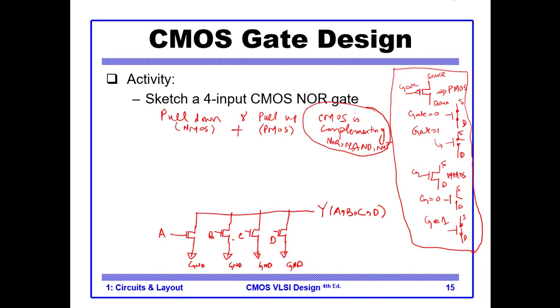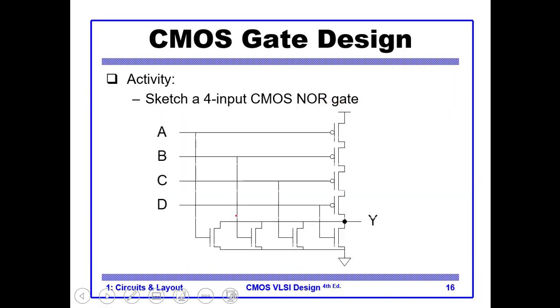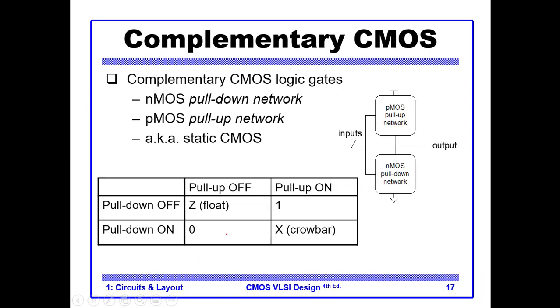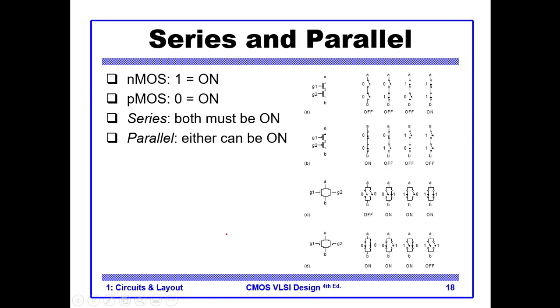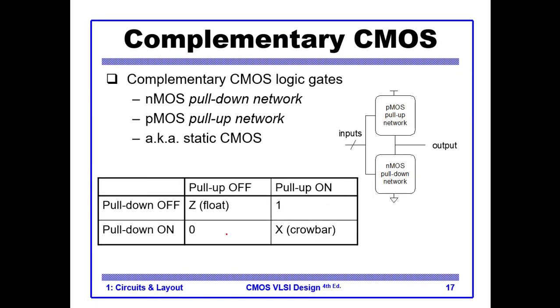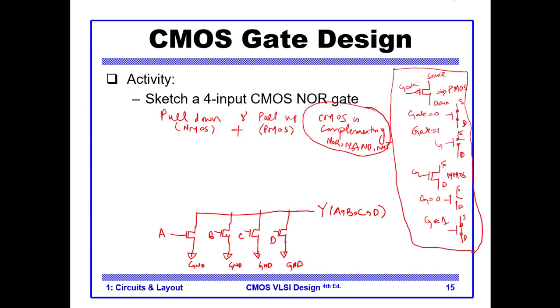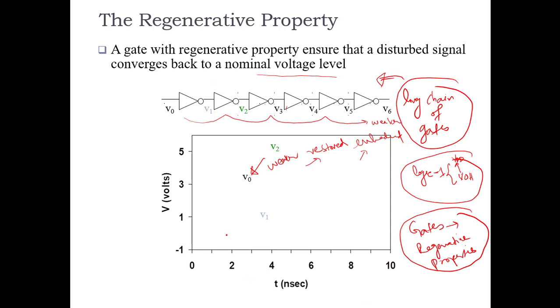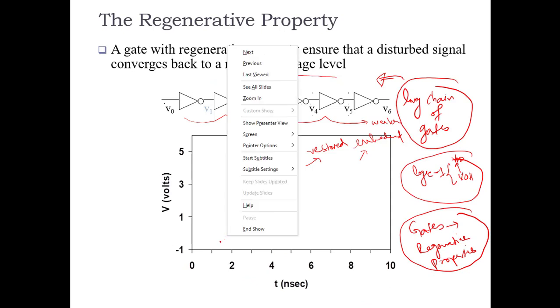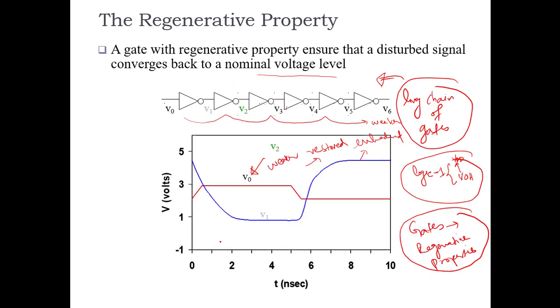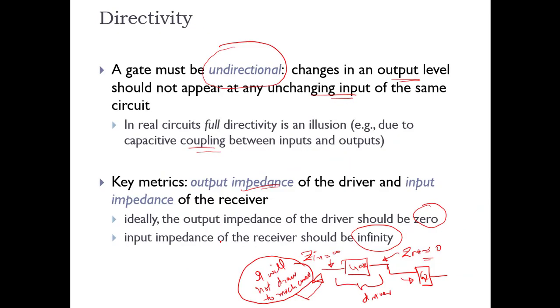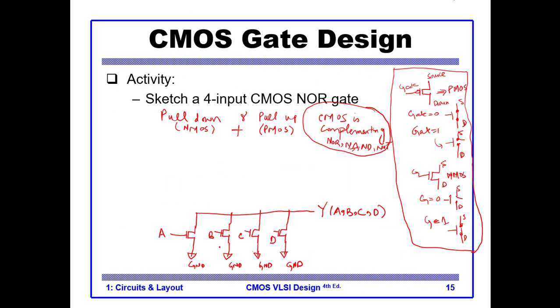So this is the pull down network. So this is in parallel.